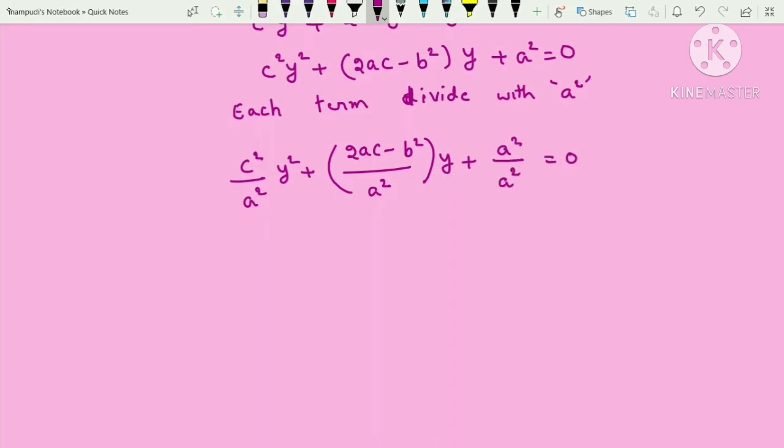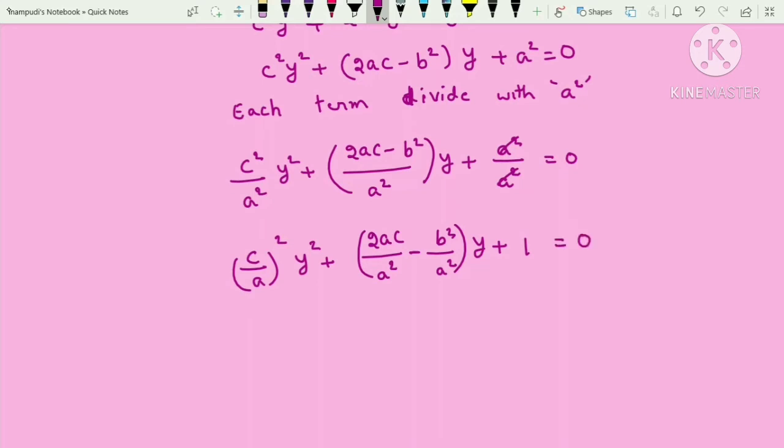This can be written as (c/a)² y² + (2ac/a² − b²/a²) y + 1 = 0.